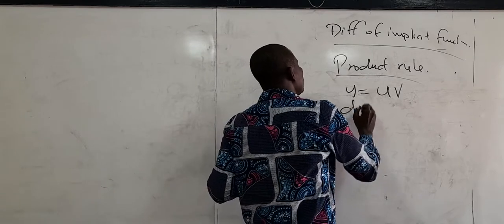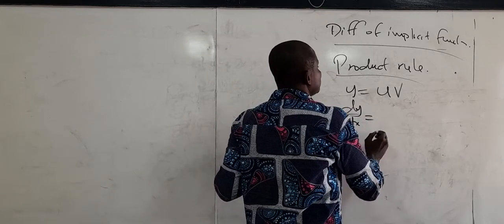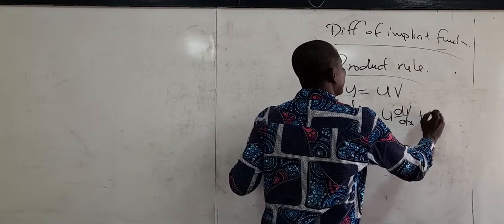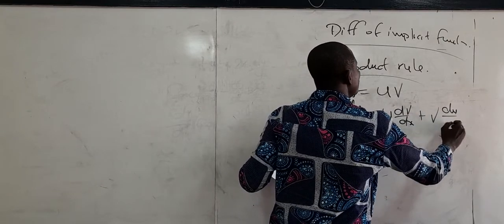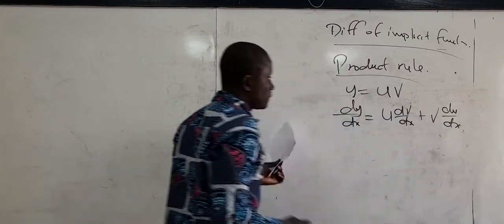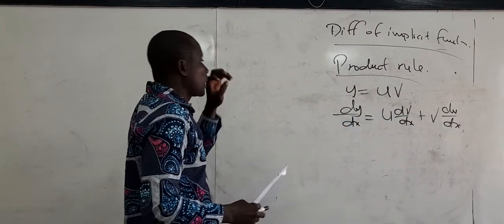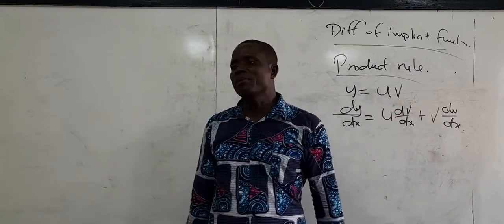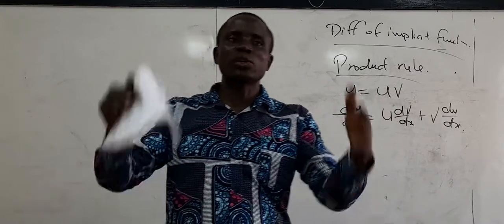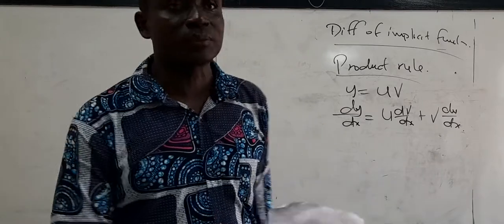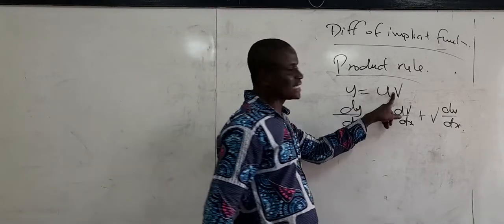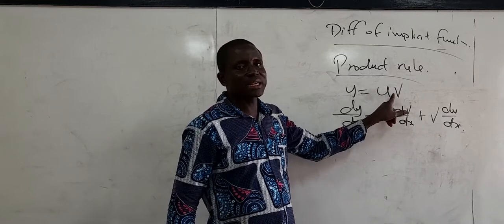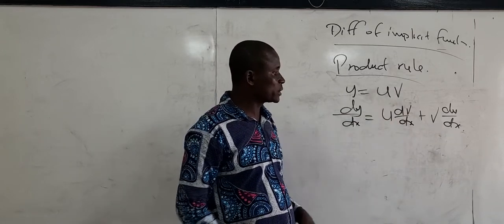Then we say that dy dx is equal to u dv dx plus v du dx. I'm repeating. Anytime you see uv, it means u times v, not u plus v. So the fact that you don't see anything here doesn't mean there is nothing here. There is what? There is a multiplication here.